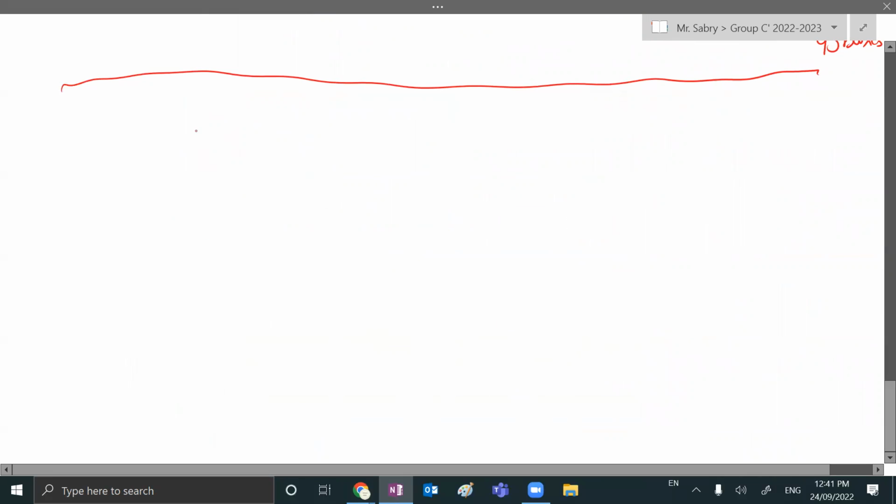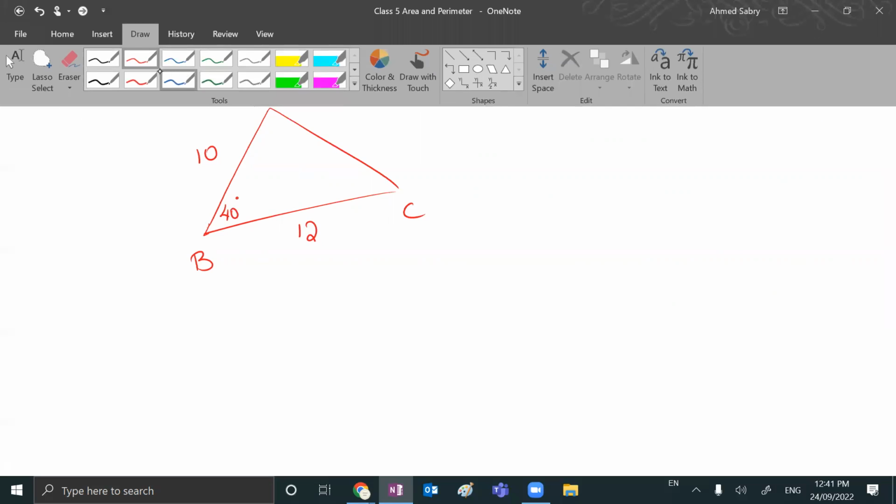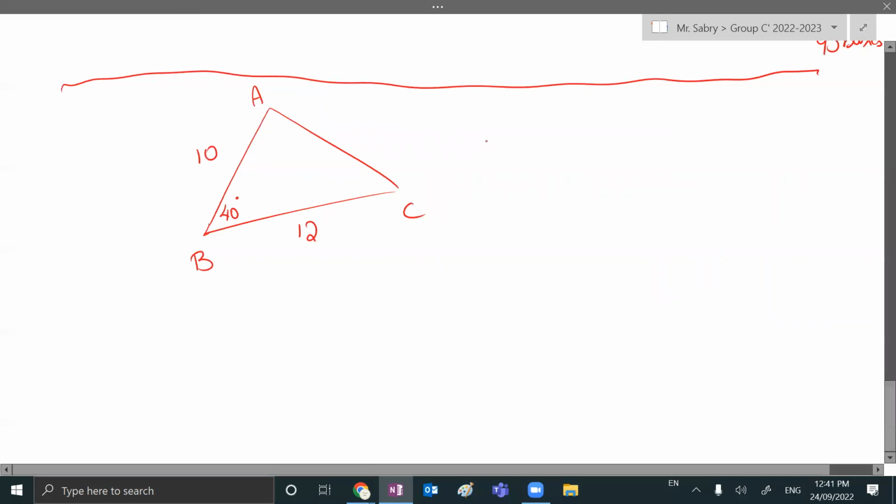But what if we have a triangle like this and we do not know the lengths of the 3 sides? Instead, we only know 2 sides and an angle, the middle angle, actually. And I need to know the area. Not law of sines, it's cosines.